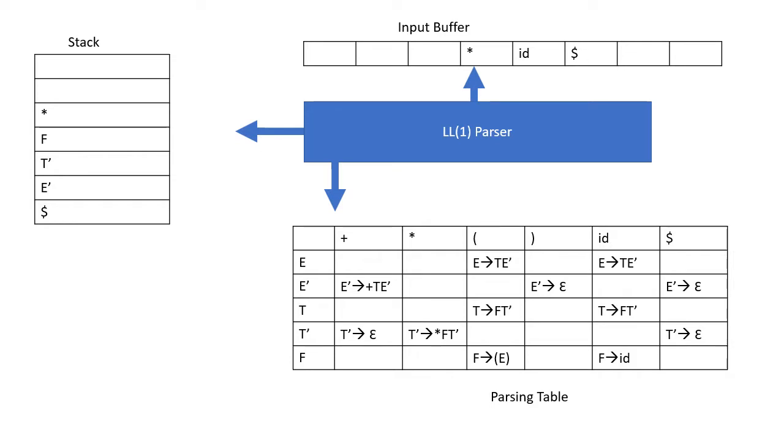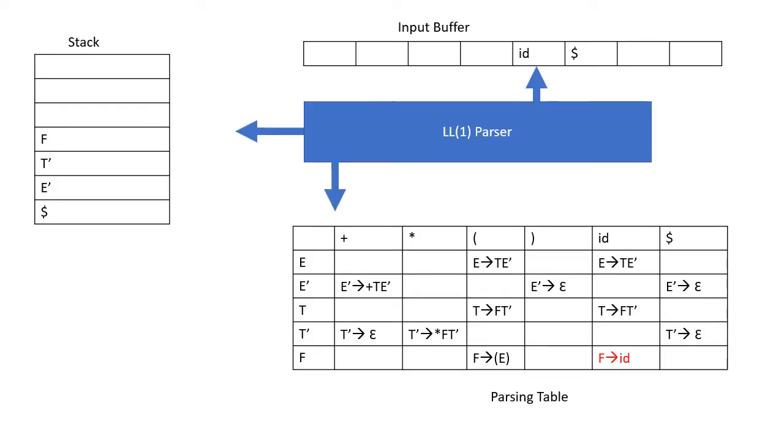Then we have here star and star, so it's a match. So we move to the next. Next is ID, so F and ID, it's a match here. F on ID, so F can be replaced by ID. F is replaced by ID, so ID and ID again, it's a match.